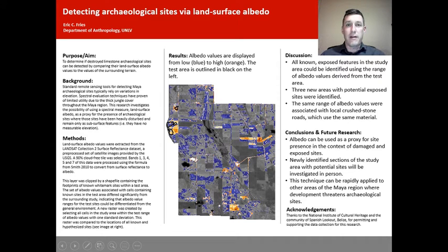In the Maya area, most remote sensing is based on variations in elevation. So we use things like LiDAR, which can look at subtle variations in the topography to pick out sites. Spectral evaluation techniques haven't been very successful because the thick jungle cover tends to obscure the kinds of things we want to see with spectral imaging.